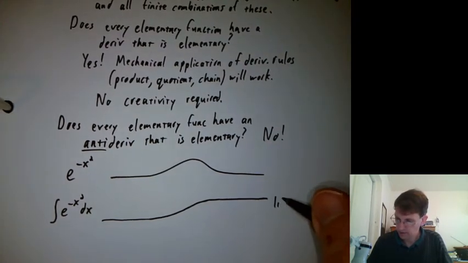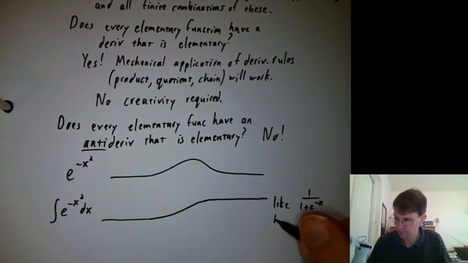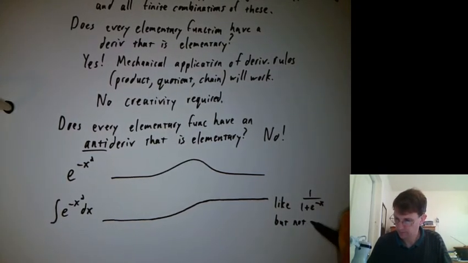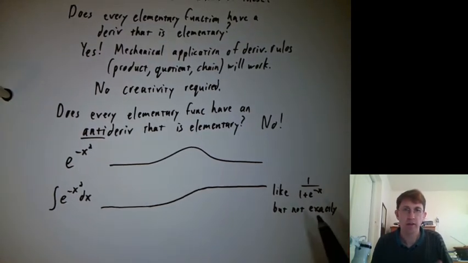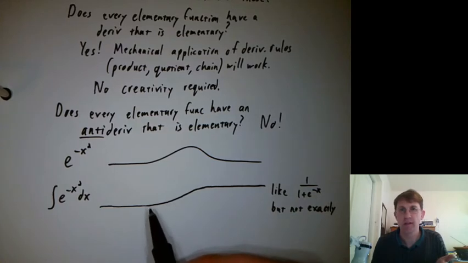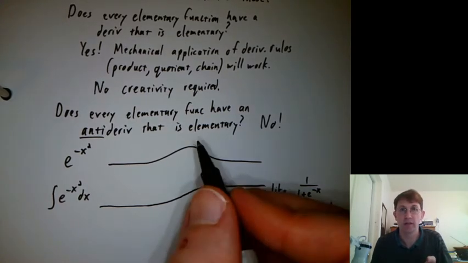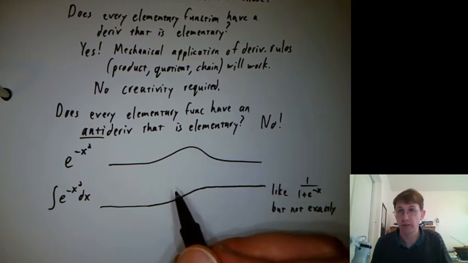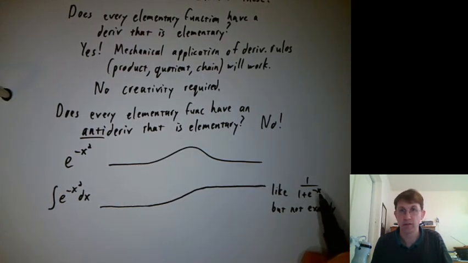So it looks like 1 over 1 plus e to the minus x, but not exactly. So does it have an antiderivative? Yes, you could say this set of points in the plane, if you take the derivative of that, you get this. But is there a formula for it? Not exactly. There's something that gets you close.